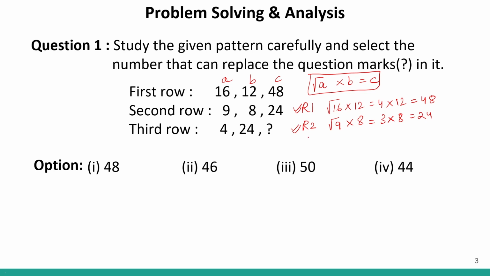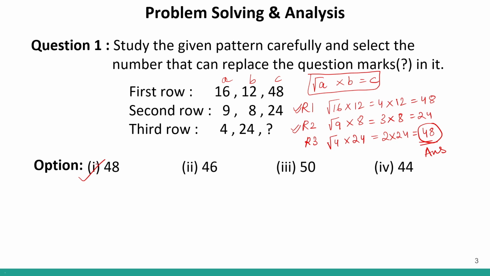Now we'll move forward to row 3. In row 3 again, square root of 4 into 24. So square root of 4 will be 2. 2 into 24 will be how much? It will be 48. So 48 will be my answer, and 48 is given in option number 1. So option number 1 will be your correct answer.